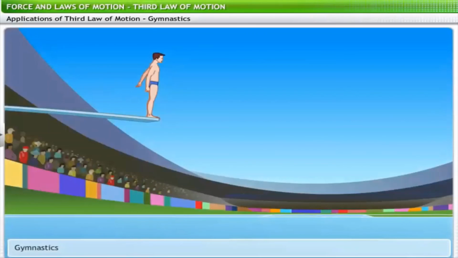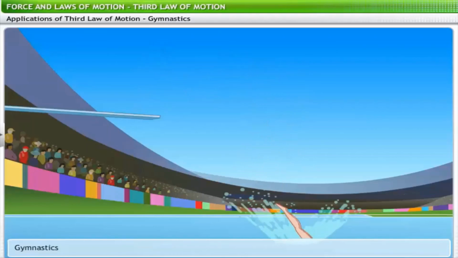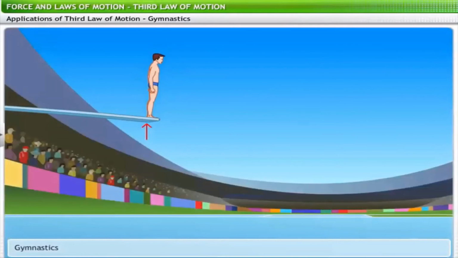If you like swimming and diving, you must be familiar with the diving board. During a swimming event, a gymnast hops on the free end of the diving board before jumping off. The hopping action pushes the board down. When the board is released, it pushes the gymnast up in reaction.